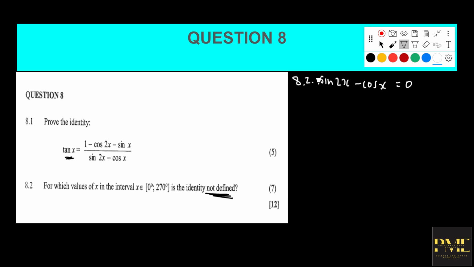So in this case, we will have 2 sin x cos x minus cos x being equal to 0 respectively. Then from here you just follow your basic rules of solving for x.